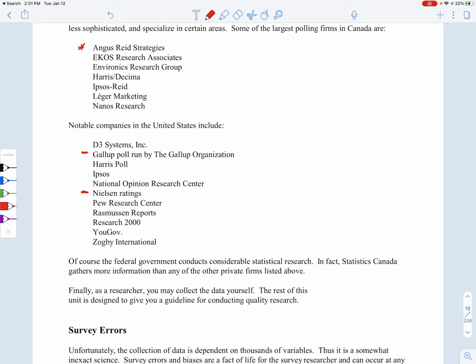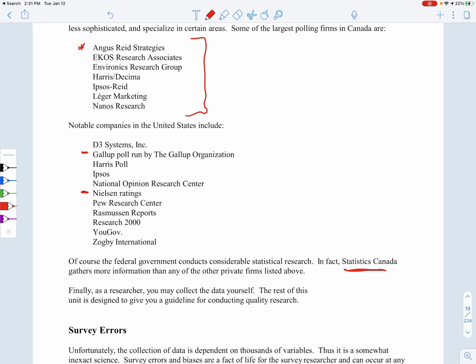And there are other ones which are listed. Stats Canada is the biggest gatherer of statistics in the country. In fact, if you take a look at all of the Canadian ones above here, Stats Canada gathers more than all of them together.